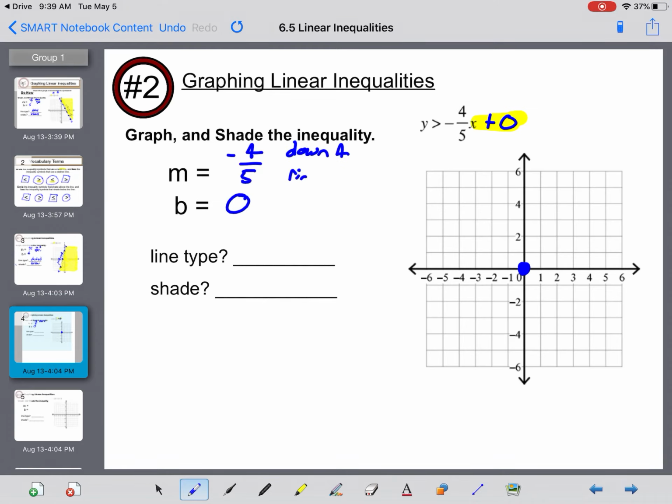Our slope tells me to go down 4 and to the right 5. 1, 2, 3, 4, 1, 2, 3, 4, 5. And I'm going to go back to the original in the center and go up 4 and left 5.